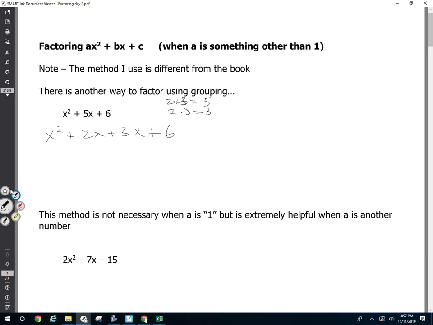Now watch what I can do. I can turn this into two sets of 2. And recall, if you have something like 2x plus 4, you could divide out what we call a common factor.